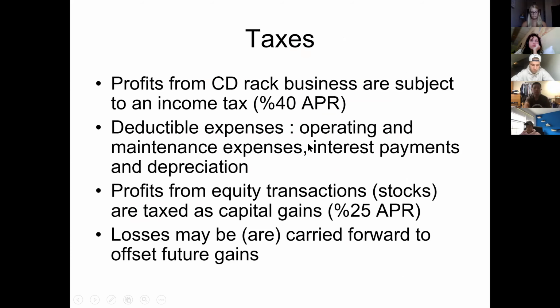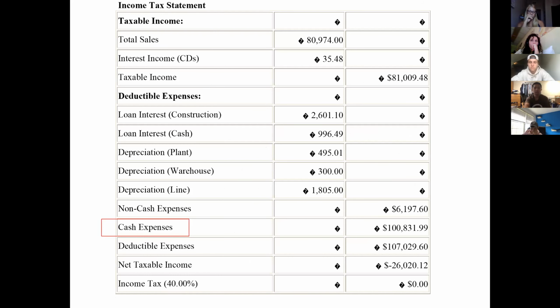Including operating and maintenance expenses, interest payments, and depreciation. Profits from equity transactions are taxed at the capital gains rate, 25%. So if you're in the market and you get out of the market, whatever money you make in that transaction is taxed at 25%. And for both income and capital gains, losses are carried forward to offset future gains.